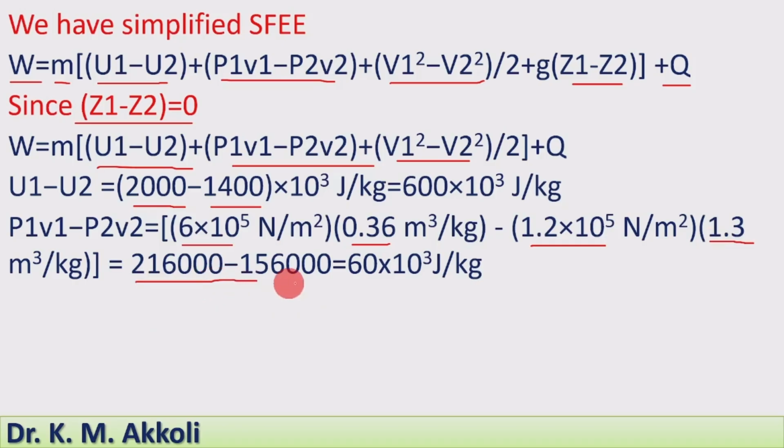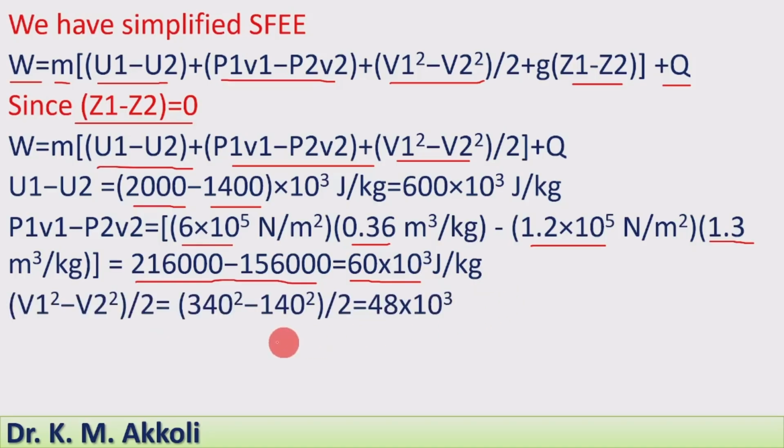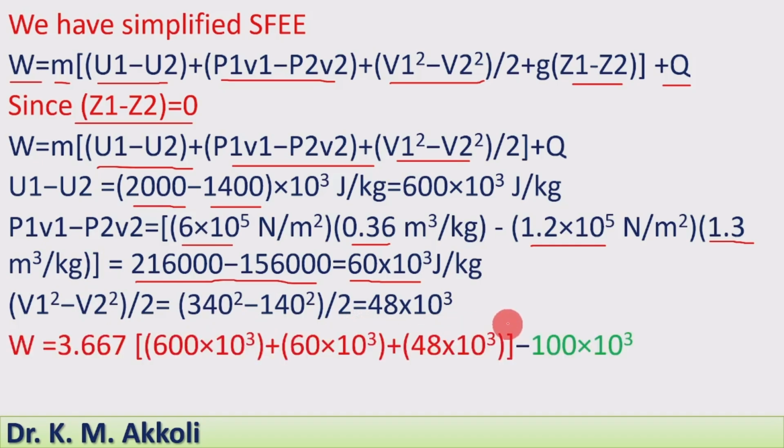After the calculation, the difference between these two becomes 60 into 10 raised to 3 joule per kg. Then the kinetic energy change, for which we will multiply by the mass afterwards, we take the velocity difference, that is v1 square minus v2 square by 2, 320 square minus 140 square by 2, which will be 40 into 10 raised to 3.